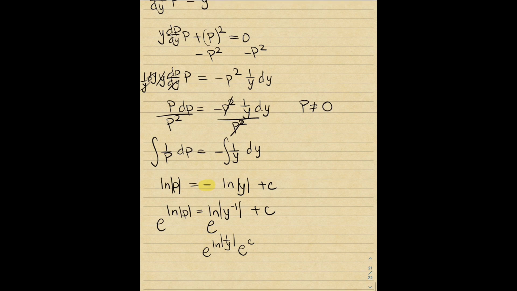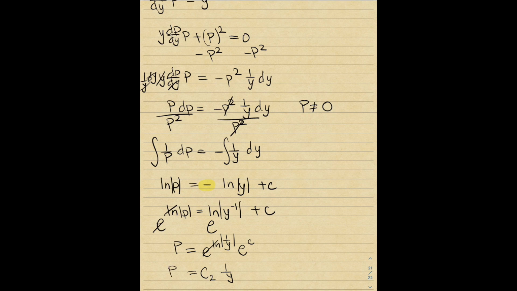And the ln and e are eliminated, so the left is just equal to p. As you can see, e and ln are also eliminated on the right side as well. Since e to the power of c is just a constant, we can make that into another constant. So we can make it constant 2 times 1 over y is equal to p.